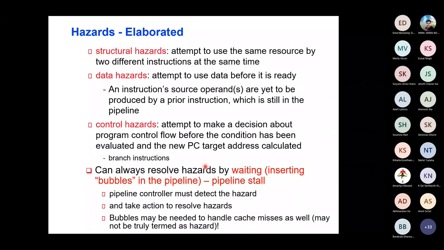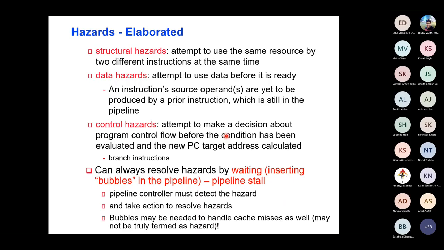One simple recovery action is to just wait until time passes and the hazards are automatically removed. For example, for a structural hazard, let the operation finish and then the resource will be free. For a data hazard, wait for some time, the data would be ready, and then use it. And similarly for control hazard.